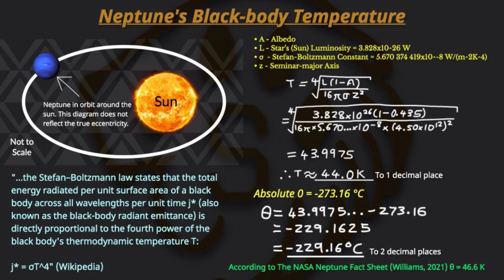And then we have 1 minus the albedo, which we calculated, 0.435, divided by 16 pi multiplied by sigma, the small letter sigma, the Greek letter, which represents the Stefan-Boltzmann constant, which is there with its weird units there. And then we have the semi-major axis squared. And then we substitute those values, as you can see, and then we get 43.9975, which means our black body temperature in kelvins is 44.0 kelvins.